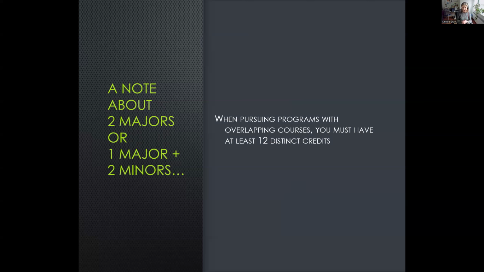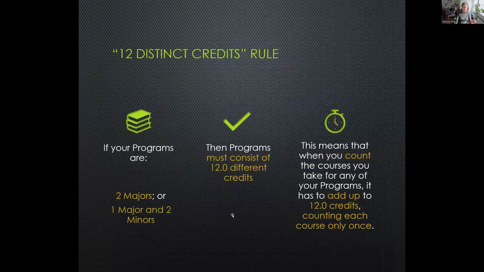You can take the course and use it to satisfy a program requirement for both of your majors if it's allowed, if the department requires the same course for both of those programs. But there is a limit to the number of credits that you can share between your programs. So you have to ensure you have at least 12 unique or 12 distinct credits between the 2 majors or among the major and 2 minors.